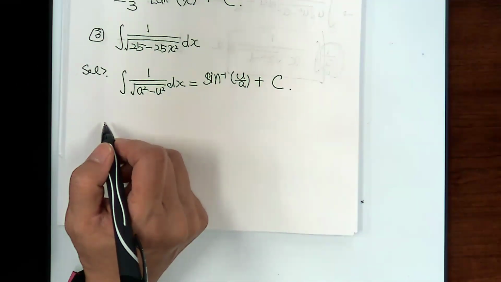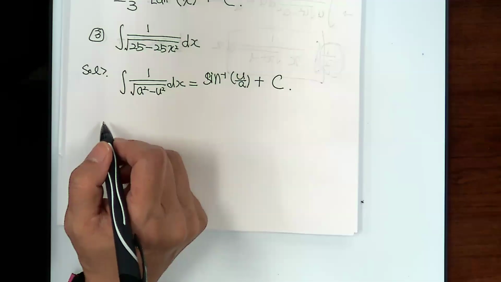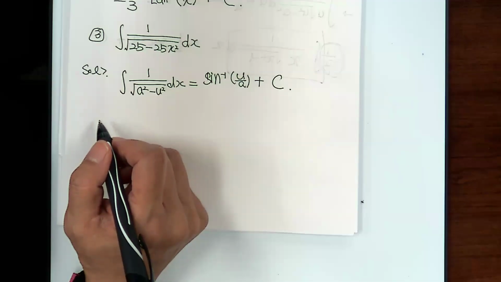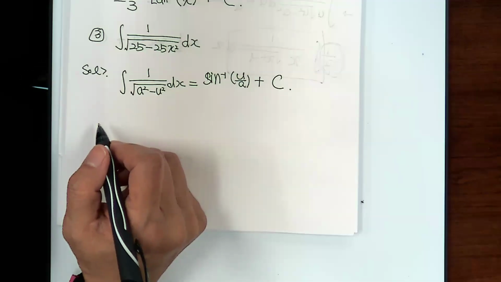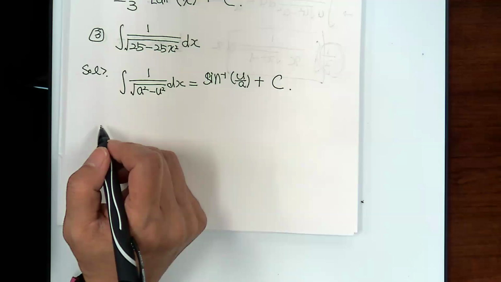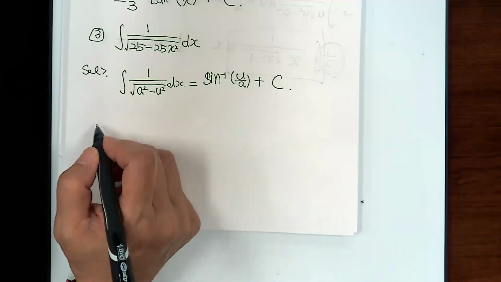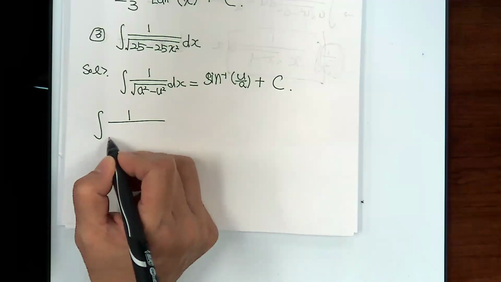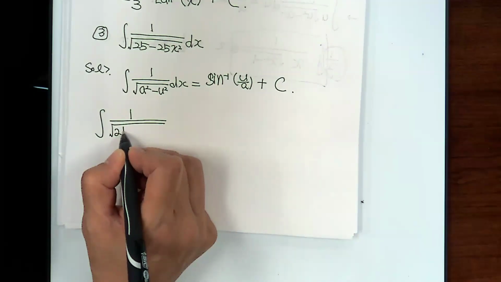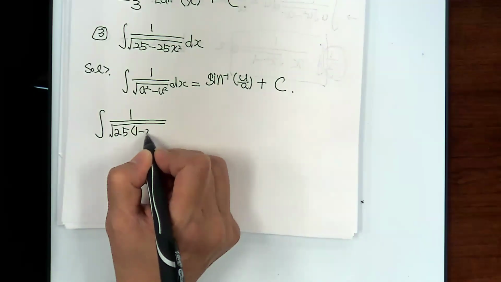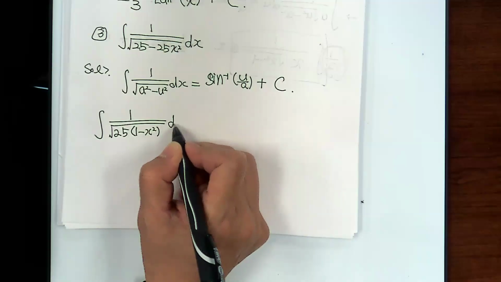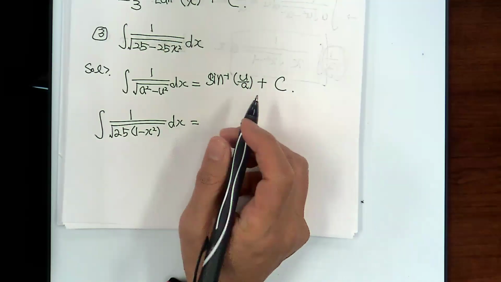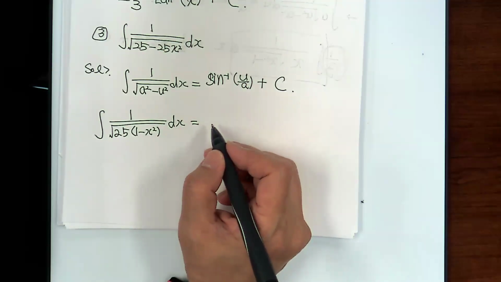Now, we notice that 25 is a common factor, so we take that out. So the integral of 1 over square root of 25 times 1 minus x squared dx. 1 over square root of 25 is 1 over 5.